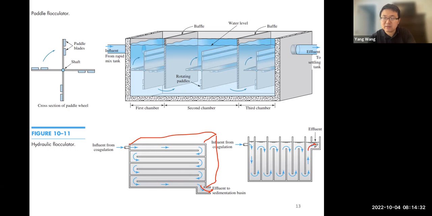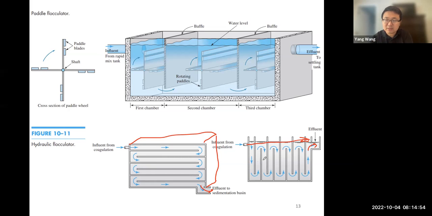So basically, in this way, we can elongate the residence time, because if you don't have these baffles, and you just have an empty reservoir here, then the water will just flow in this direction, right? But by having these channels, you're constraining the water to go through this longer distance so that you can have a longer residence time, right?